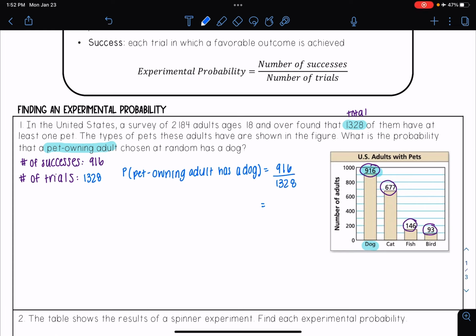And when I divide those two numbers, you're going to get approximately 0.690. And so changing that to a percent, that means that the probability that a pet-owning adult chosen at random has a dog is about 69%.